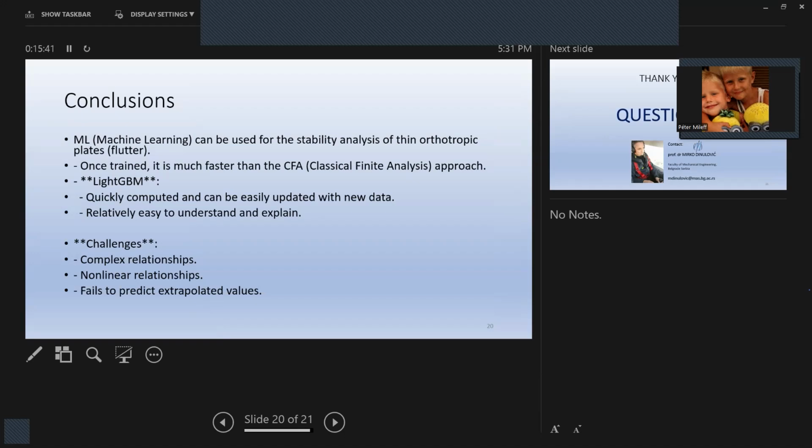This really means that you should know the bounds of your problem. If something is outside of it, it won't work. We'll go in that direction in our future labs, because it would really help us to predict more complex relationships, more complex geometries, and to extrapolate the values.